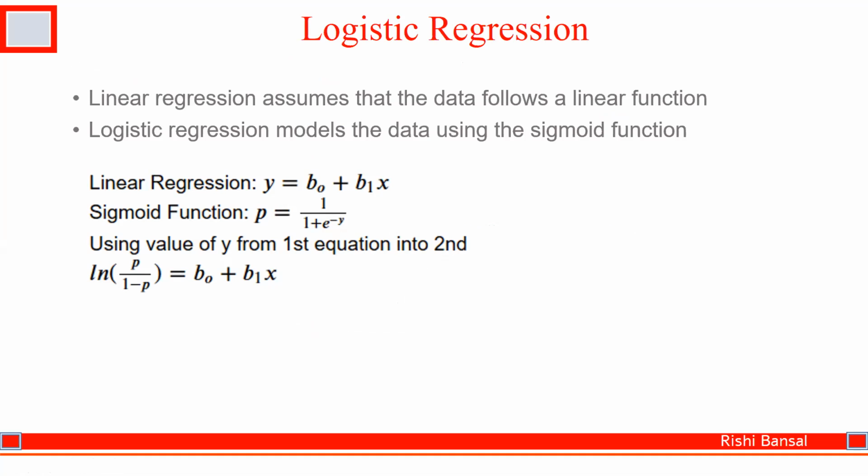Logistic regression models the data using the sigmoid function. So if you see, this is your linear regression formula and this is your sigmoid function. P is probability. So when you put the value of y here, you will get this equation. So this is called your logistic regression.